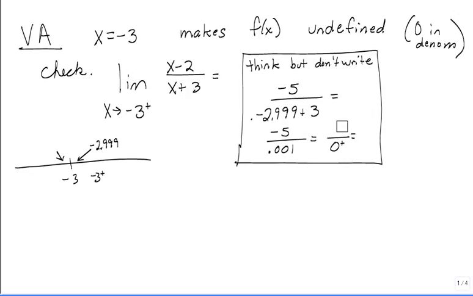I'll just say -5 over 0 is -infinity. When you have 0 in your denominator, one over a very small number goes to a very large number because they're reciprocals.